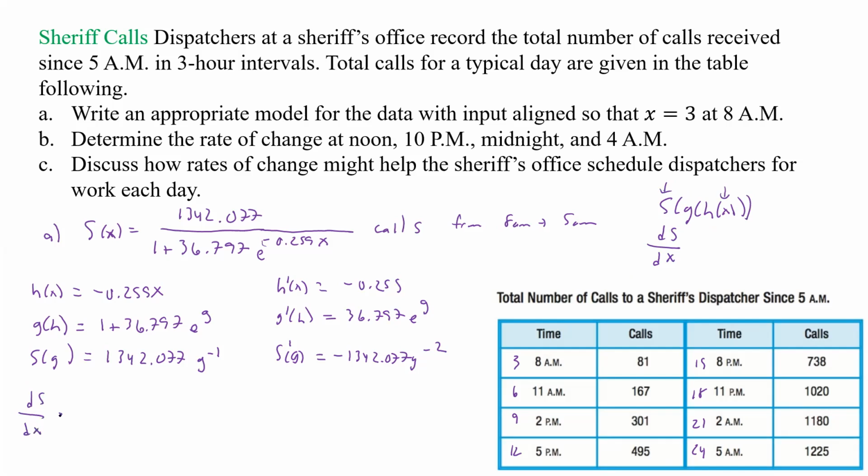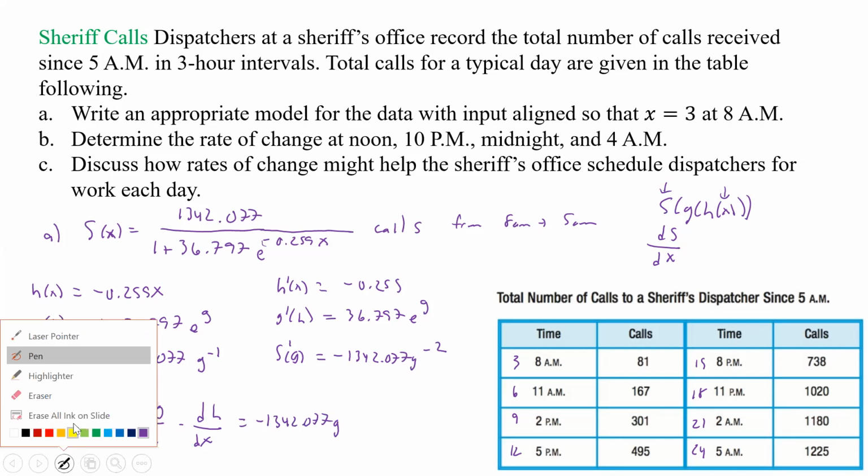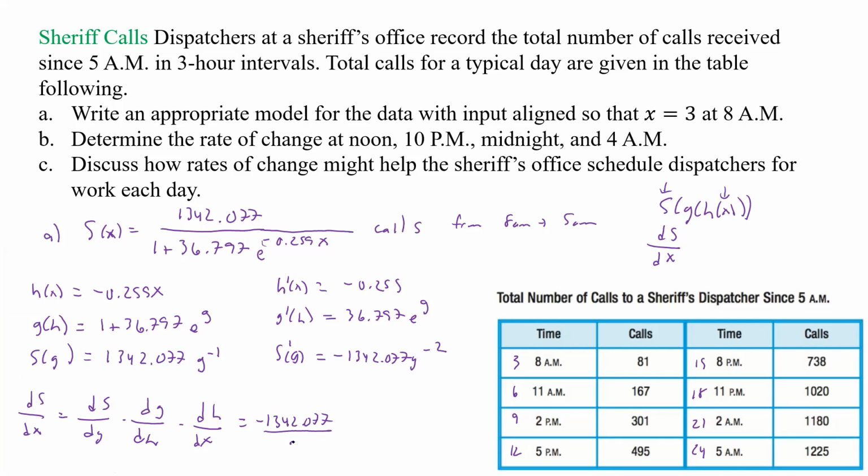So ds dx equals ds dg times dg dh times dh dx. And so that's going to be a negative 1342.077 g to the negative 2, which is over g squared, times, let's put it in parentheses, 36.797 e to the h times negative 0.259.